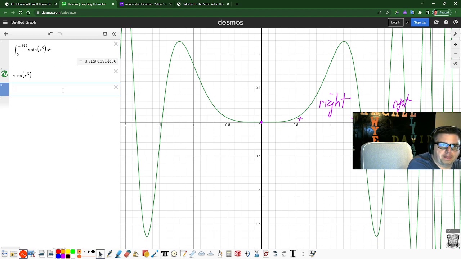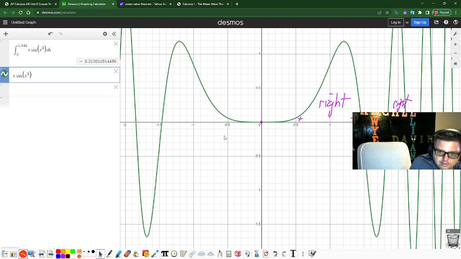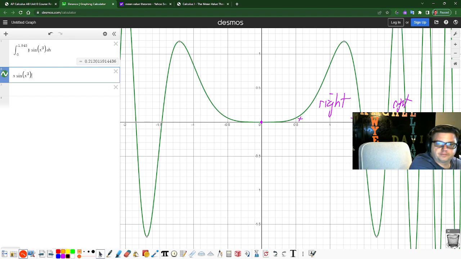It should be x equals 0 to 2. Comma x, comma 0, comma 2. I don't know how to do decimals. Anyways, we're only looking from 0 to 2.